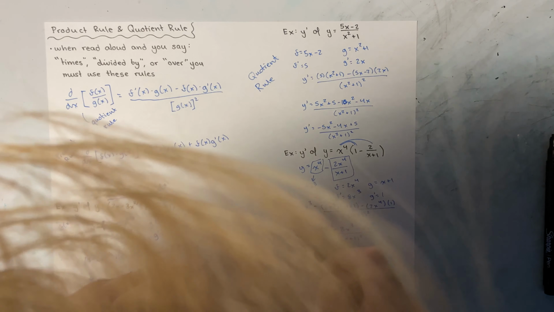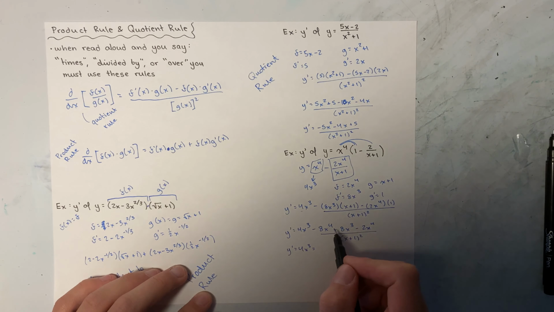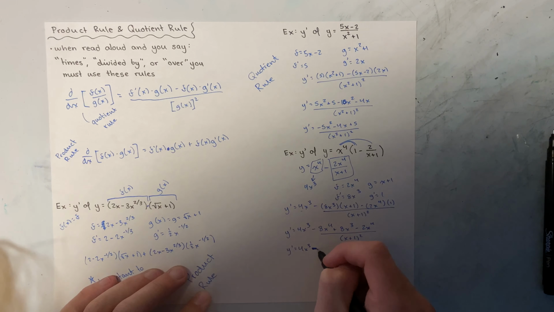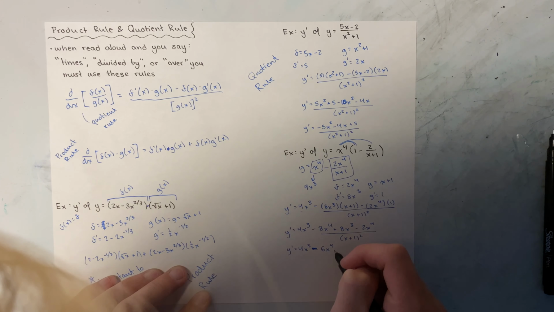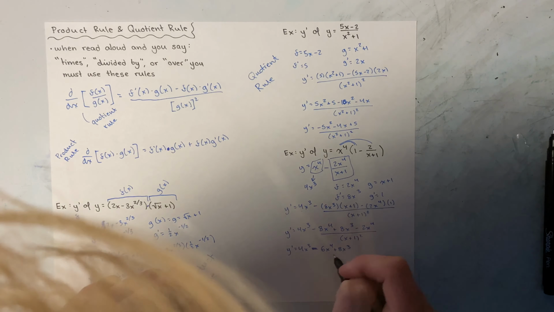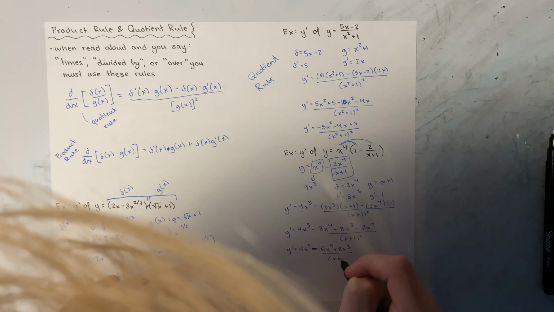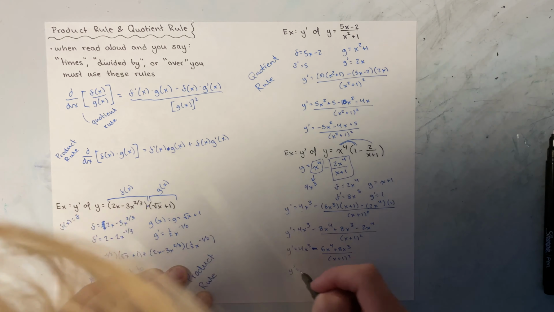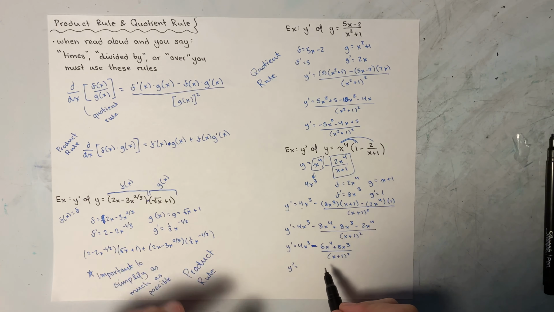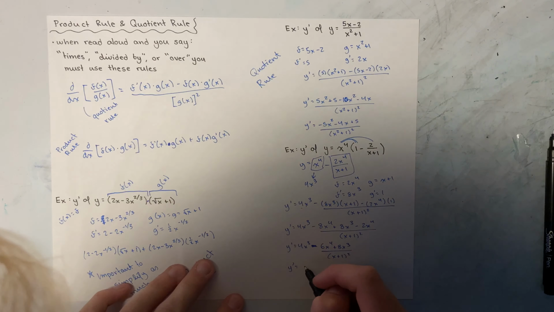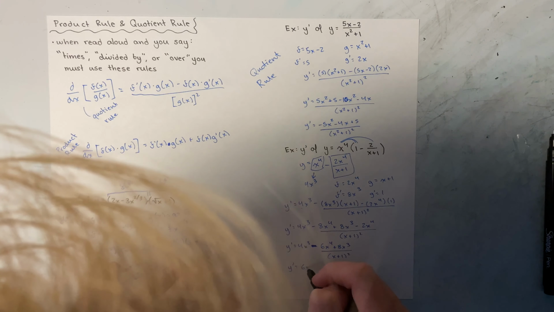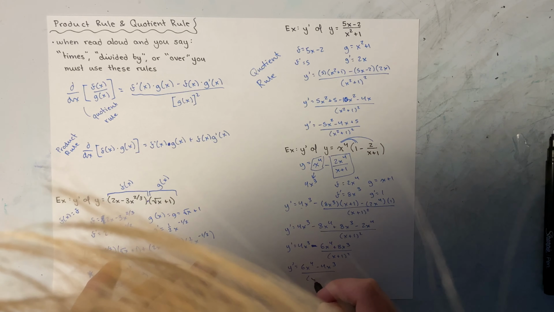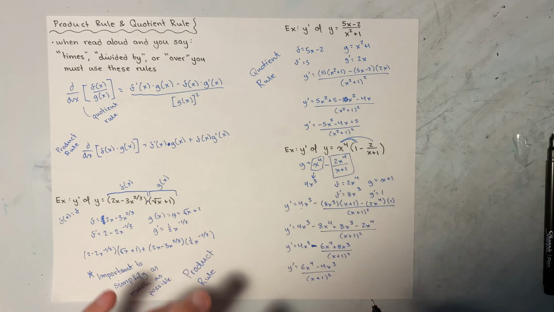So 8x to the 4th minus 2x to the 4th is just going to be 6x to the 4th. Excuse me, this should be a minus 6x to the 4th plus 8x cubed divided by x plus 1 squared. And we could further simplify this. So y prime is going to be equal to 4x cubed minus 8x cubed, which is just going to become negative 4x cubed. So we're left with negative 6x to the 4th minus 4x cubed divided by x plus 1 squared.